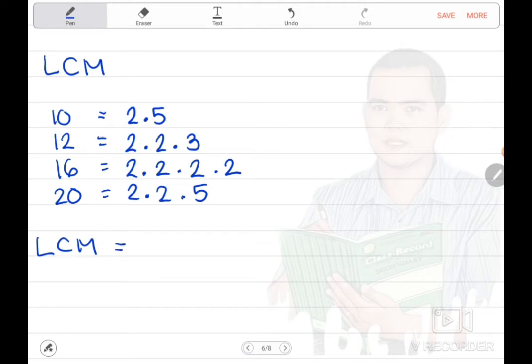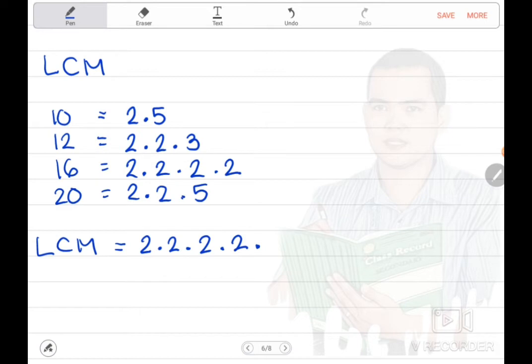2. What is the most appearance of 2? So we have how many 2s? We have 4. So we have 2 times 2 times 2 times 2. Okay? That is the most appearance of 2, 4 times. How about 3? How many times? So that is only 1.